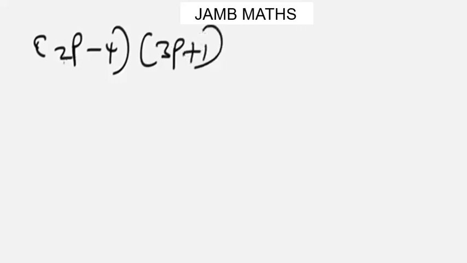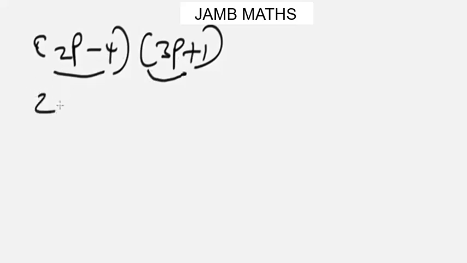How do you simplify this? Pay attention, guys, this is very important. Here is the easiest way to go about it. We multiply everything in the bracket on the right by the 2p, and we multiply everything in that bracket by the number term as well. So basically, this is how you express it.